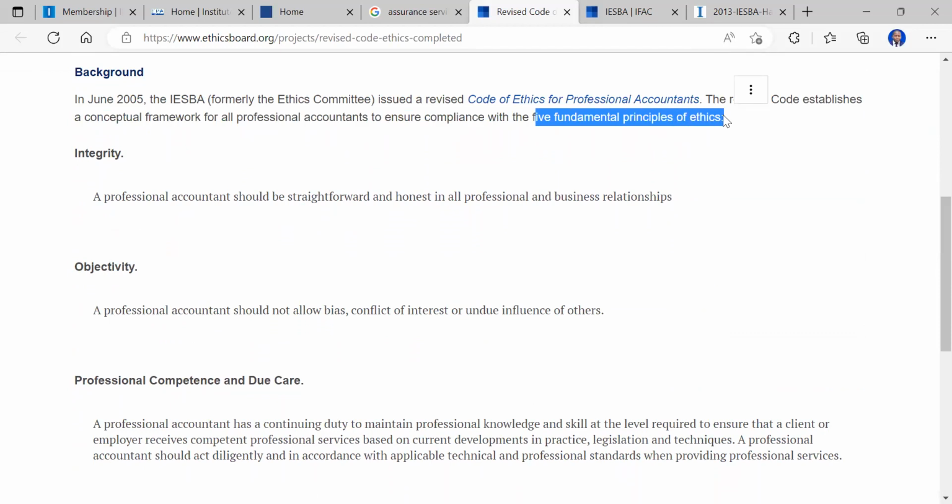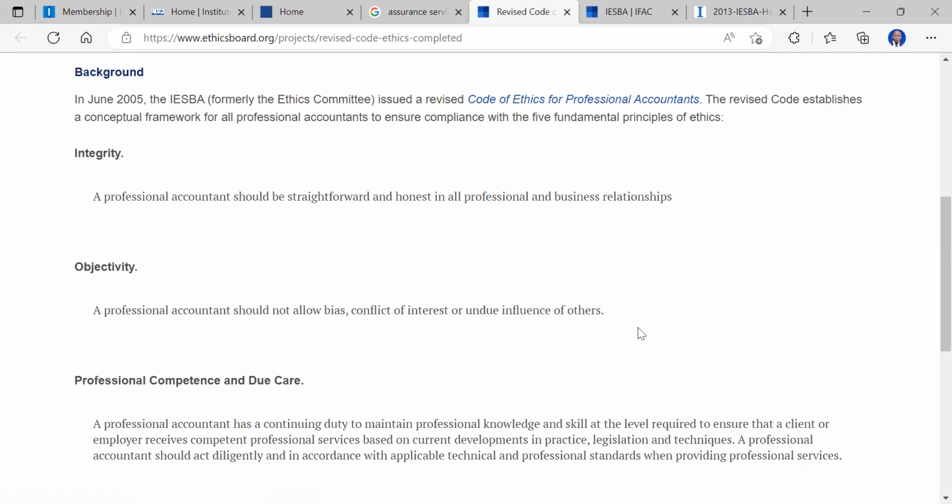The examiner can ask you and say, explain 5 fundamental ethical principles. You'll find this within your notes, but I'm just trying to take time to show you the source of this information. So the first we have here is integrity.